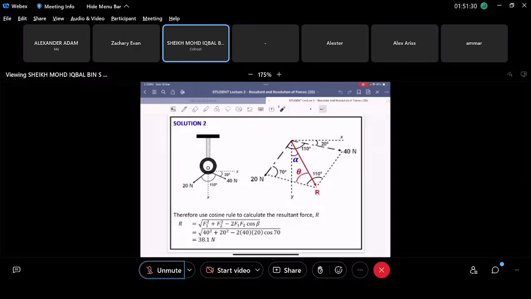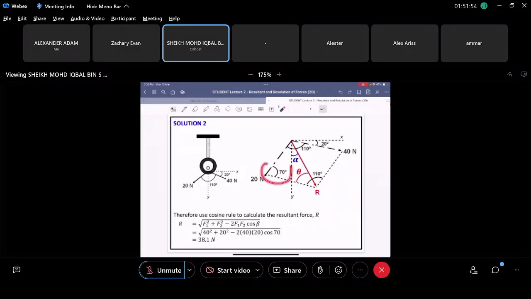Because the only angle that is given is 20 and 110 degree here. But once you make it into a parallelogram, you can know the angle for this one, 70 and 70 degree, right? It's 360 minus 110 minus 110, and then the value you divide by 2, and then you get your 70 degrees, right?